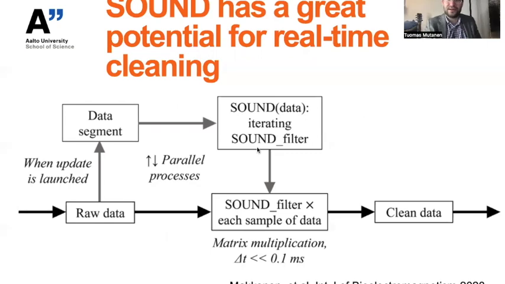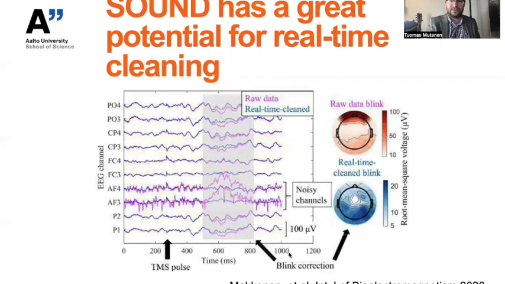And whenever the update is ready, we can then quickly apply the spatial filter to the streaming data, resulting in nice looking clean data. And the nice thing about this approach is that whenever there are new bad channels introduced, for instance, during a long, let's say, closed-loop EEG-TMS experiment or EEG-informed TMS experiment, we could react to that. And here are some first results that we have obtained.